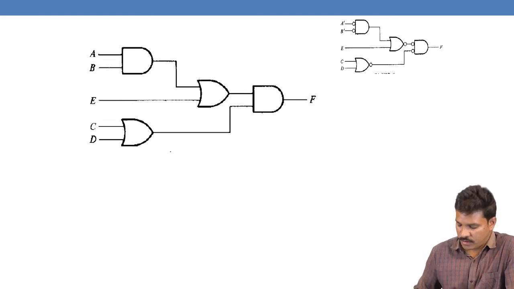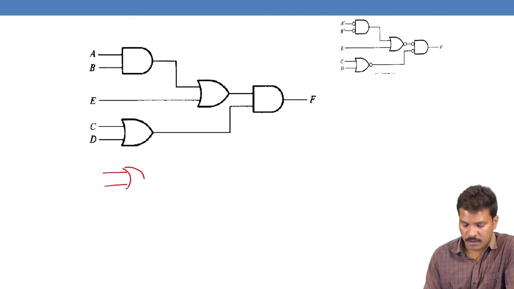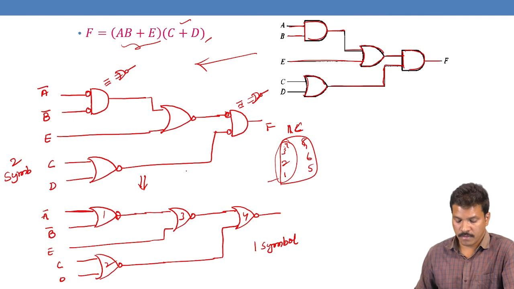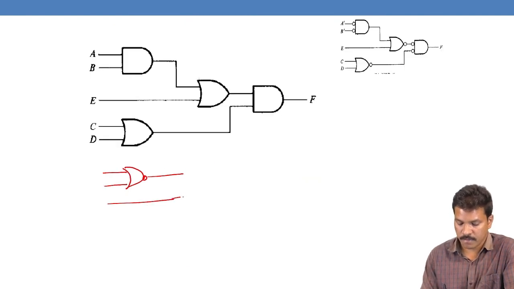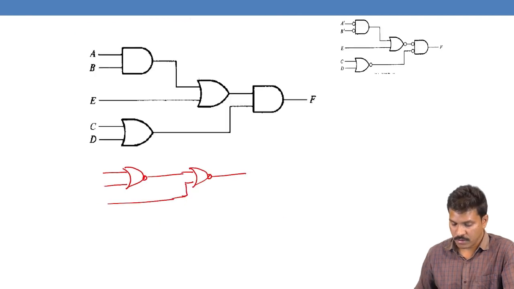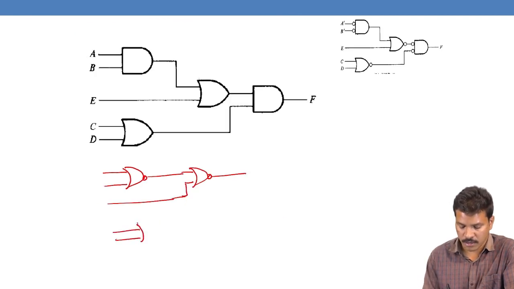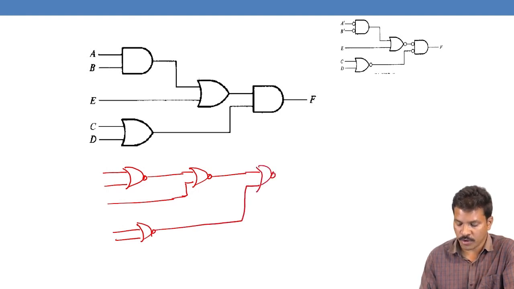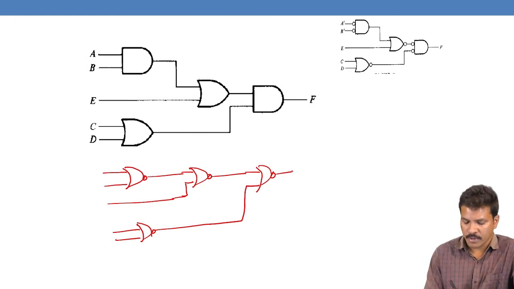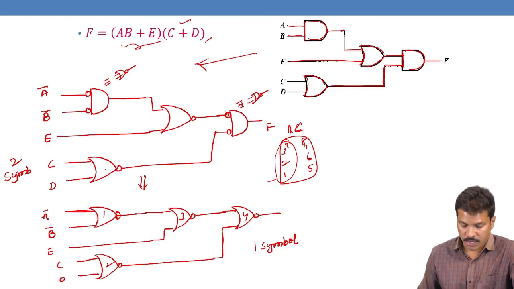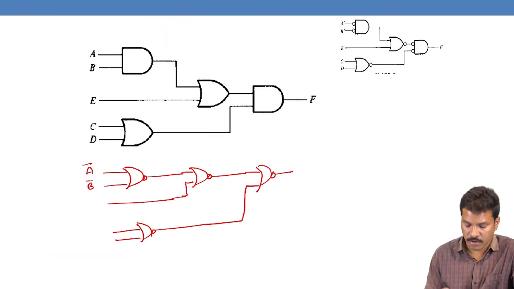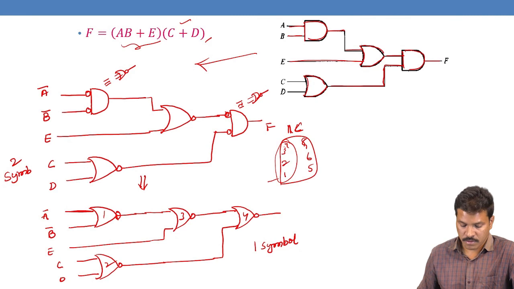For example, it is a NOR diagram, another NOR gate. Take the NOR gate. This is the actual input diagram: A bar, B bar, E, C, D.